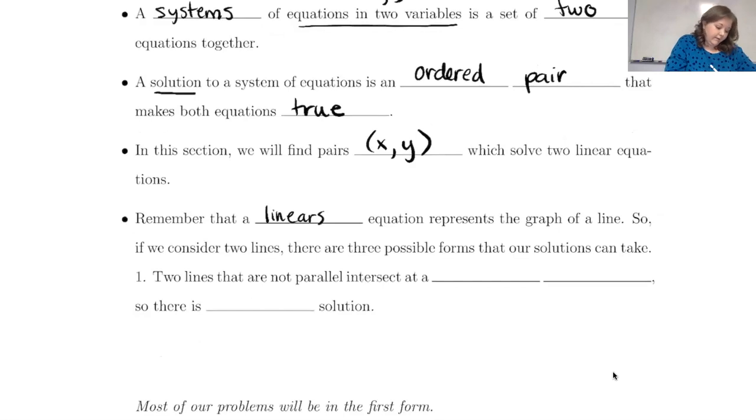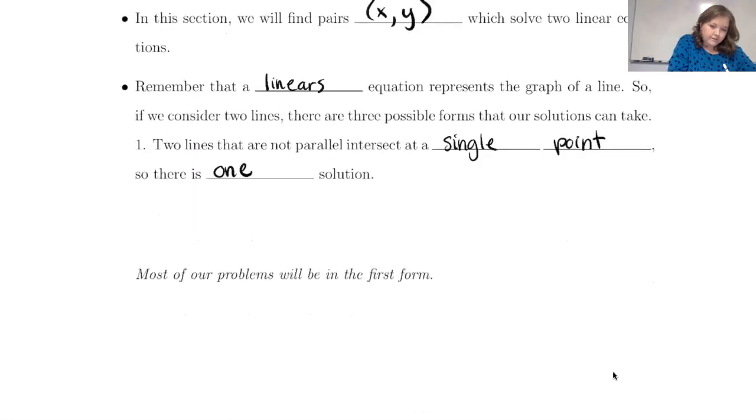So the first situation is the most common one: when 2 lines are not parallel. When they're not parallel, they intersect at a single point, so just one. And so that means there's only one solution. So we can see a picture of that if we have 2 lines, they're not parallel. So here's our plane.